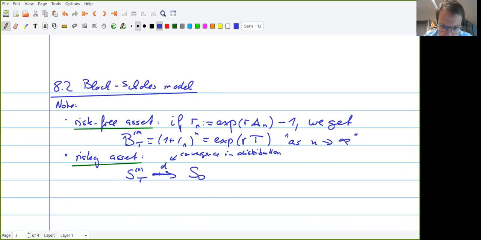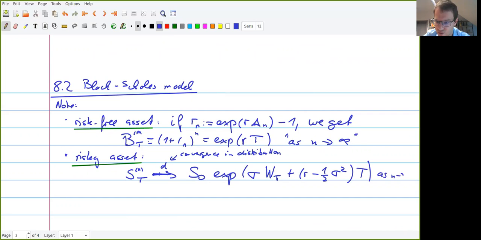And this goes to S0 multiplied with the exponential function of sigma times Wt plus r minus 1/2 sigma squared t as n goes to infinity.